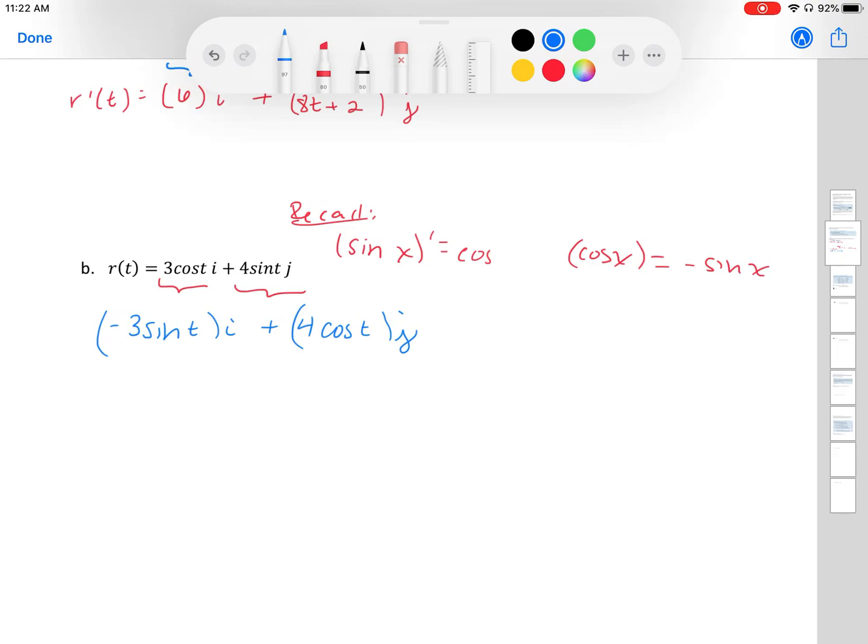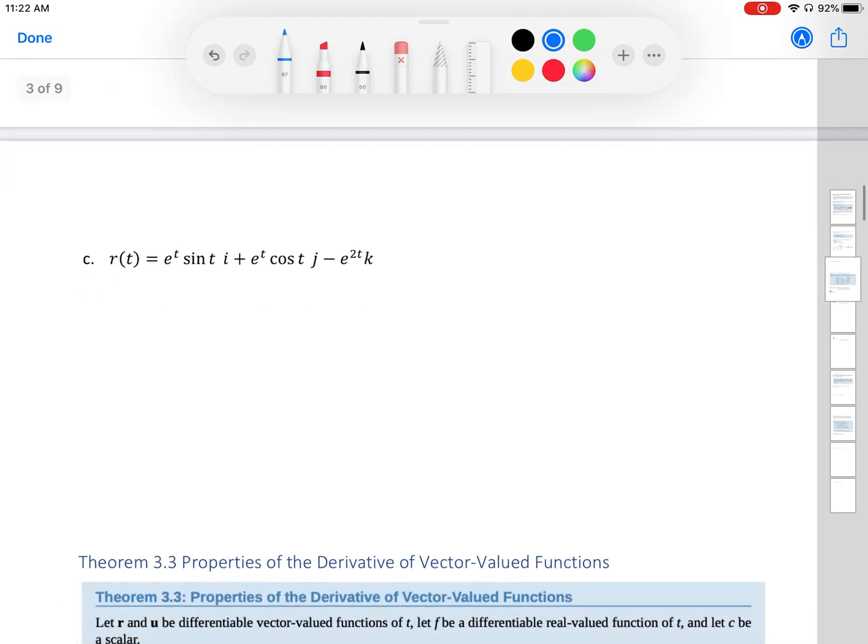But as we move forward, all these other rules of differentiation that we've learned in the past don't go away. So let's take a look at example C. We have r of t is equal to e raised to the t power sine t i plus t raised to the t power cosine t j minus e raised to the 2t power k.